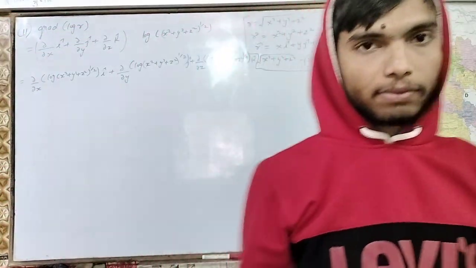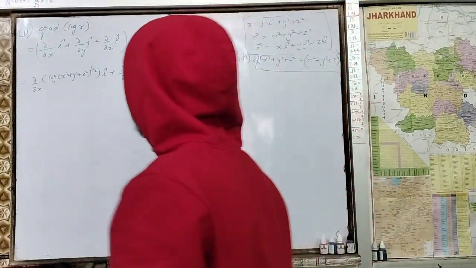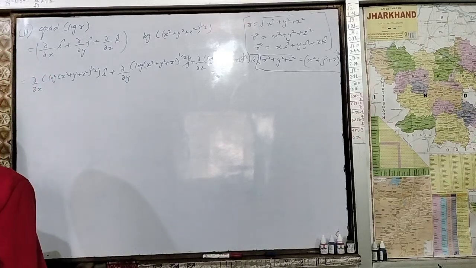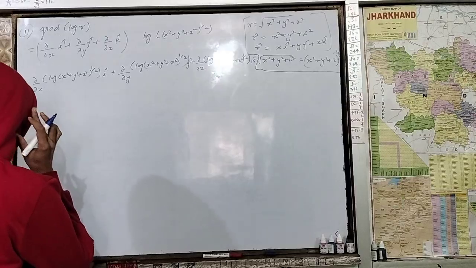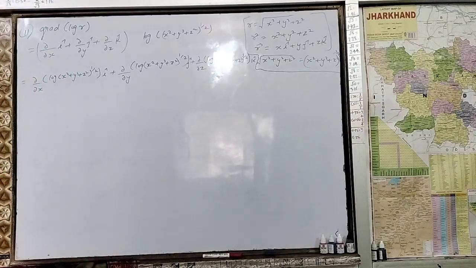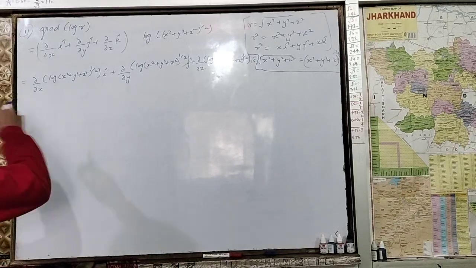Then we will differentiate. The 1 upon 2 will come downward.